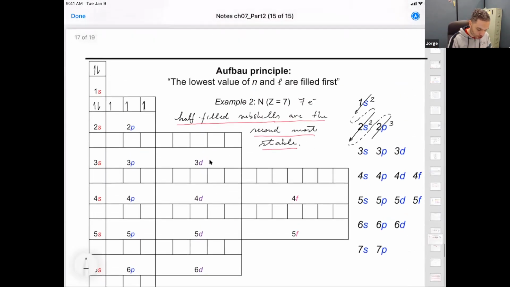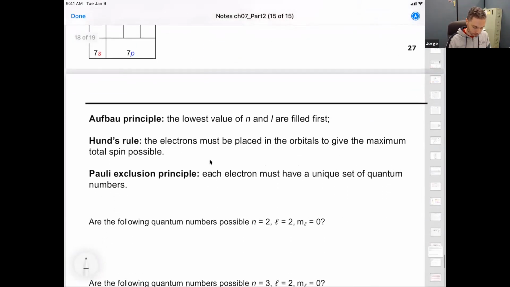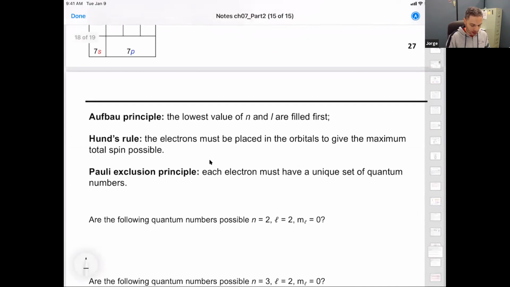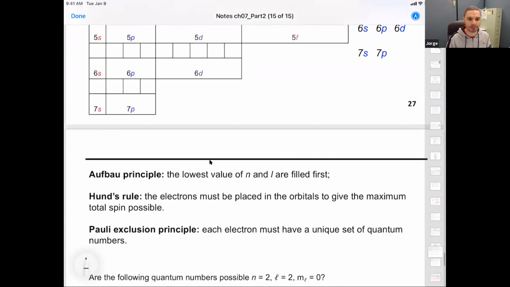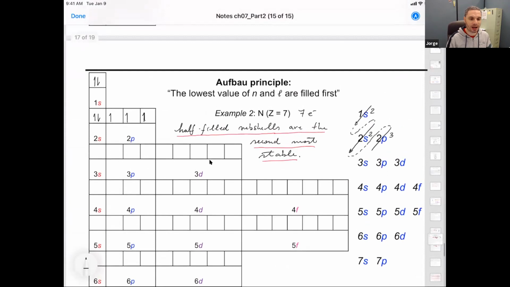And that's what I showed you here. Okay, so you fill the first slot, second slot, and then third slot. And that's Hund's rule. And then I will show you the Pauli exclusion principle, which means each electron must have a unique set of quantum numbers. So let's see how that works.